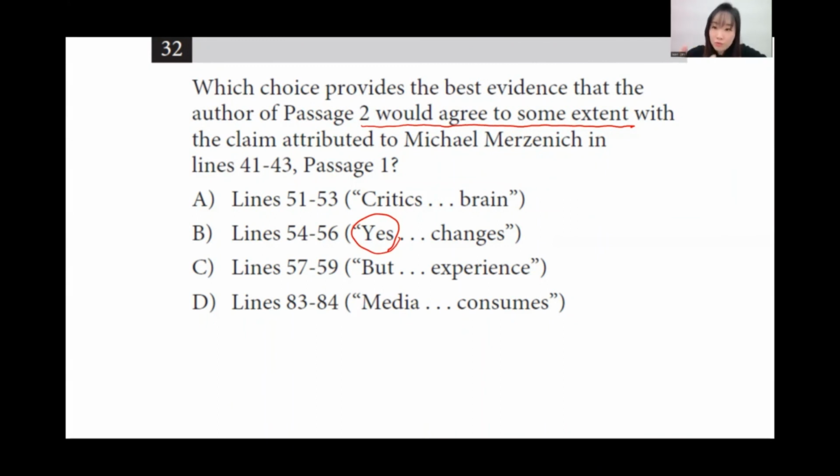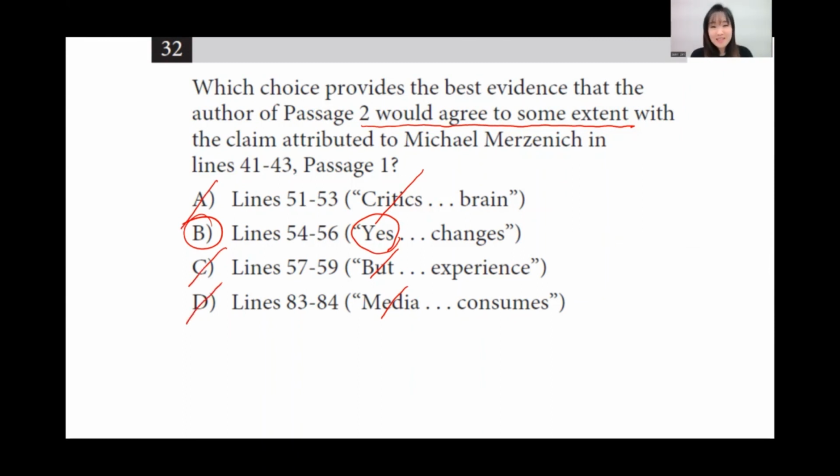They are agreeing to some extent with the opposing side, acknowledging, conceding, yielding. So because we're supposed to be looking for a yield pivot word, we can say that B is the correct answer because none of the other words signify a yield pivot word. That is why for number 32, we know that B would be the correct answer.